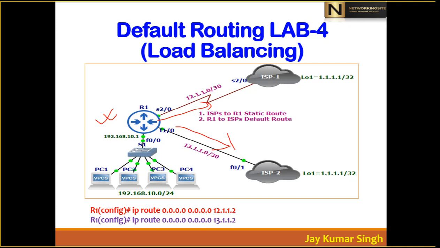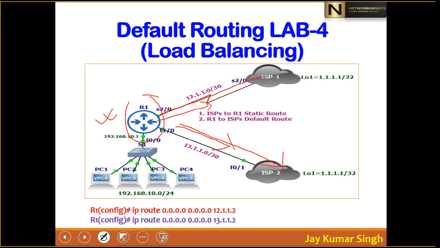Okay, see, my point is that when we say default routing, understand first what default routing is. Default routing is if your router is here, which is connected to two different ISPs, ISP1 and ISP2.